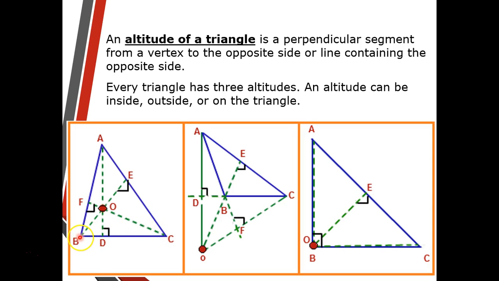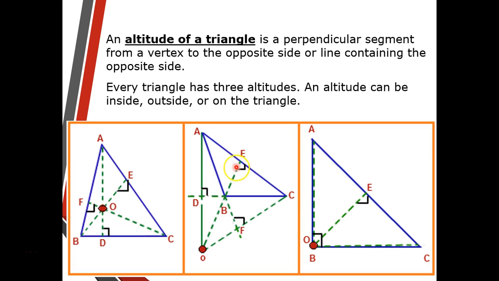Okay, so let's look at B here. The vertex is where you started at, and you draw over to the other side, and it must be perpendicular to this side. Okay, so that's how you draw altitudes.